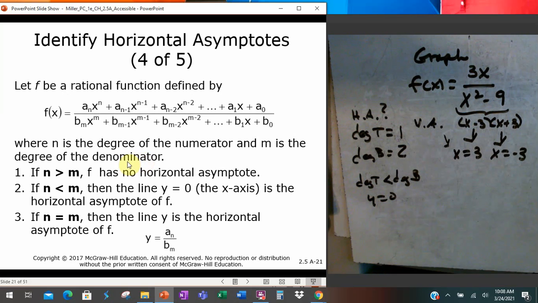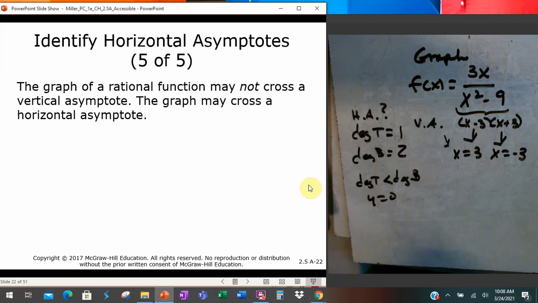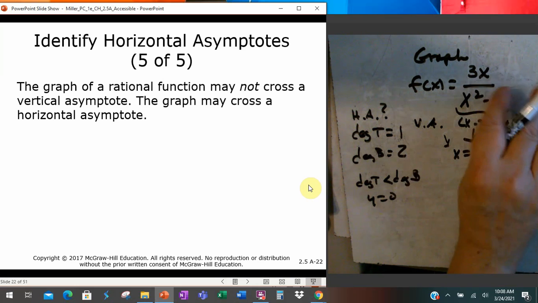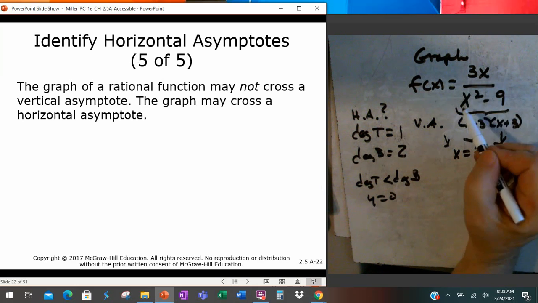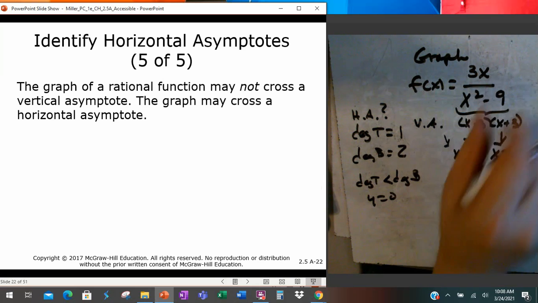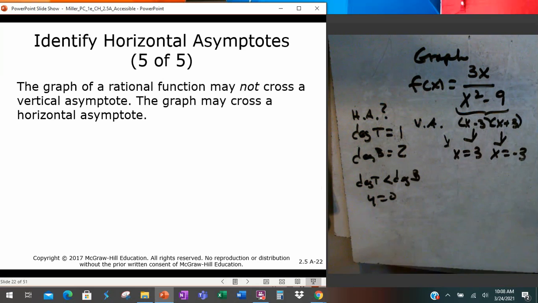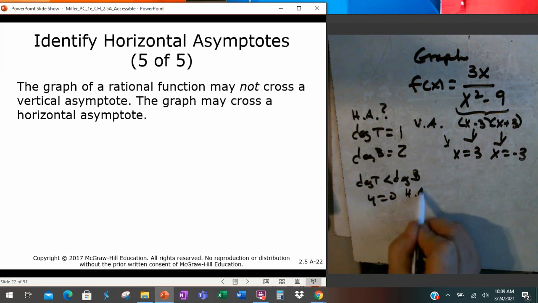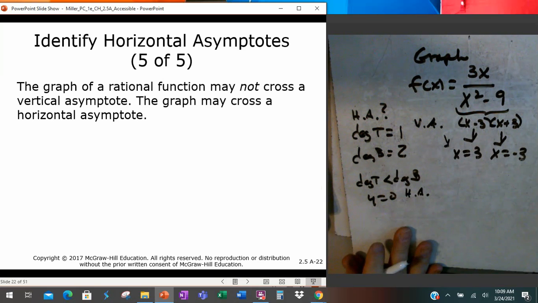If I go back here, this is the top, the n is less than m, here's my line y is equal to 0. After we get a long way away, it looks like I can cancel the x's and I've got 3 over x, and we know that basic 1 over x, 2 over x, 3 over x goes to 0. So y is equal to 0 is a horizontal asymptote in this case.